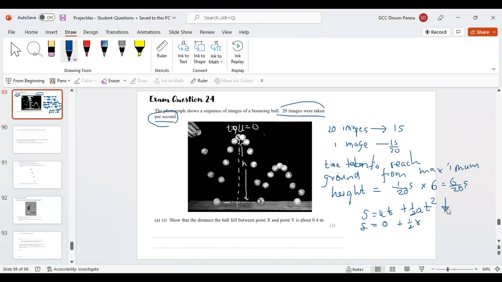Since we are applying the equation vertically downwards, acceleration must be 9.81, that's positive, times (6/20) squared. It gives you 0.44 meters.